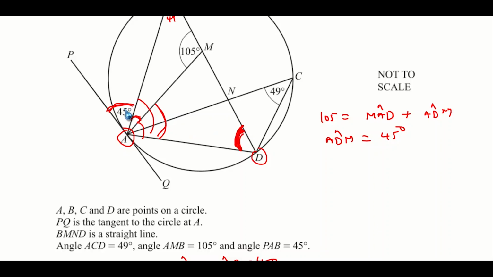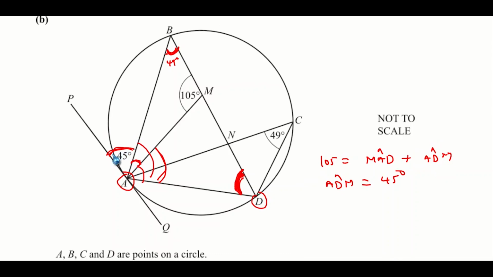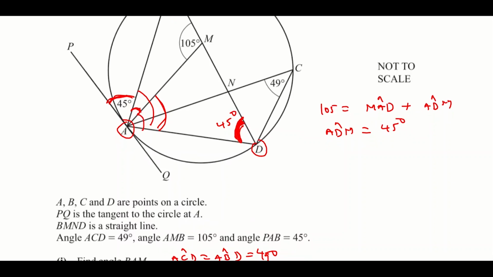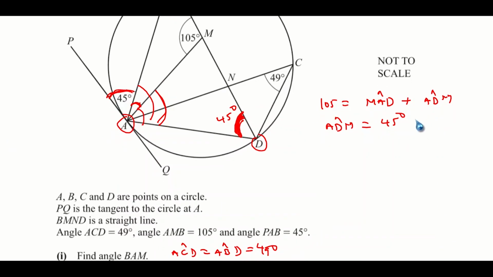So when you see an angle between a tangent and a chord like this, let's scroll up a little bit, this particular one, this angle here will be in the alternate segment to this. So that means this place is also 45 degrees. So you can say that ADM is equal to 45 degrees. That is angles in alternate segments.